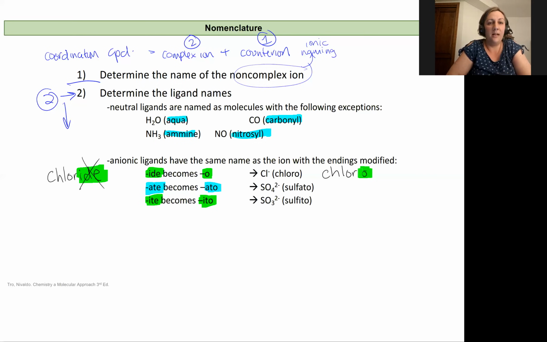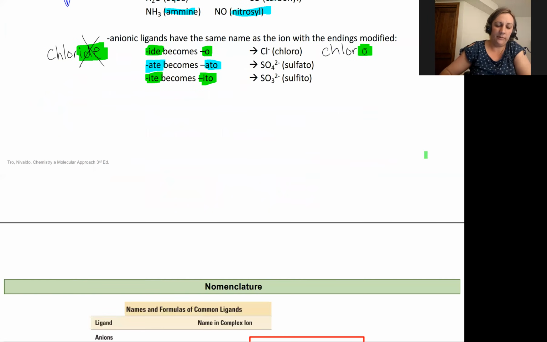Sulfate will become sulfato. This one's hard for me to say. And -ite will become -ito, so sulfito instead for our naming conventions.